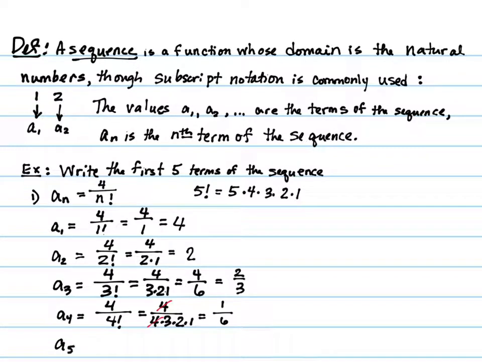And we lastly have a sub 5. So we have 4 over 5 factorial. So this is 4 over 5 times 4 times 3 times 2 times 1. And once again, my 4s will cancel on the top and the bottom. So I'm left with 1 on top. And what does the bottom equal on that one? 30, yeah.